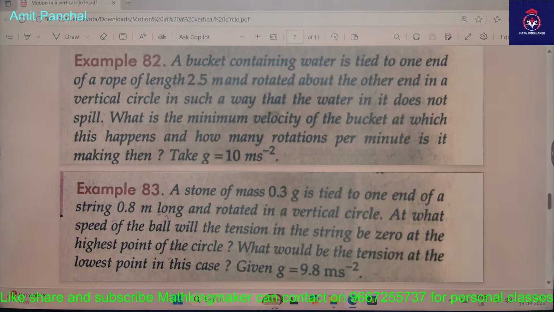You can answer in terms of pi also. Okay, understood.